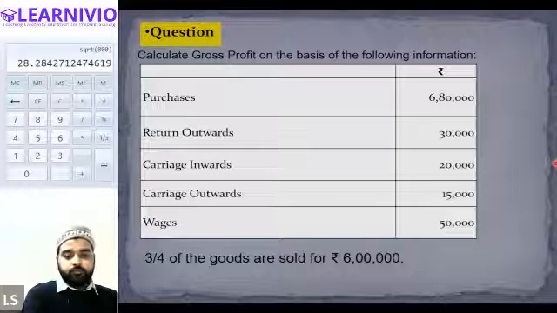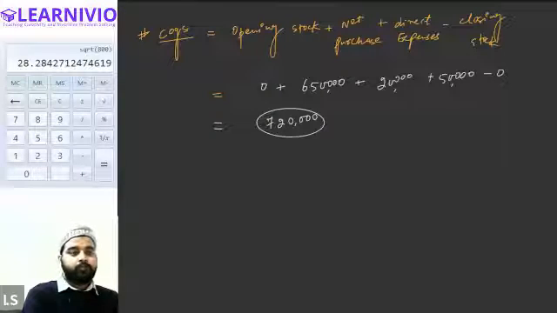Okay, let me show you how it will be done. First of all, we will apply the formula for the cost of goods sold: opening stock plus net purchases plus direct expenses minus closing stock. Opening stock is not given in the question, so we will take it as 0. After that, we have net purchases.